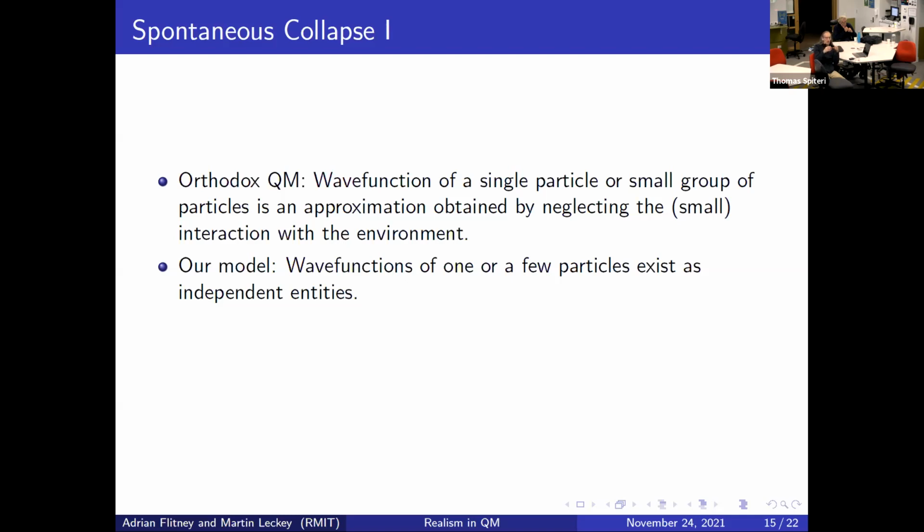And whenever we have a system of, say, n particles, which is strongly interacting, and we're going to be a little bit vague about what we mean by strongly interacting, then we can write down a wave function for those n particles, and that wave function will be a real existing object. But it's a real existing object in this configuration space. The next slide.